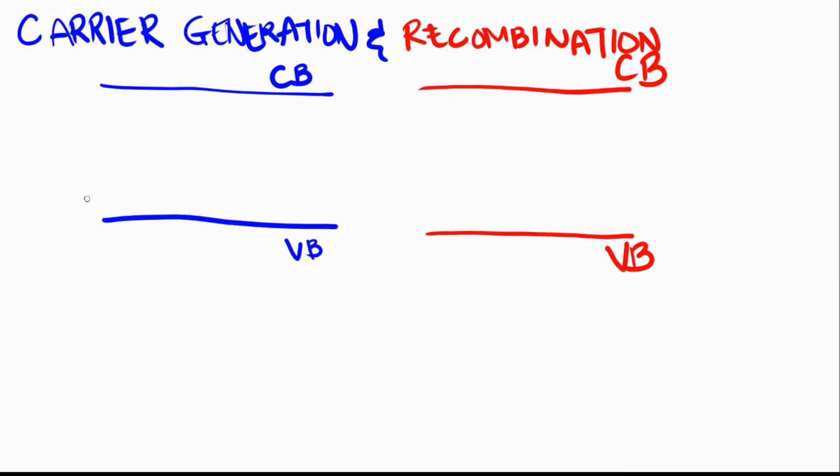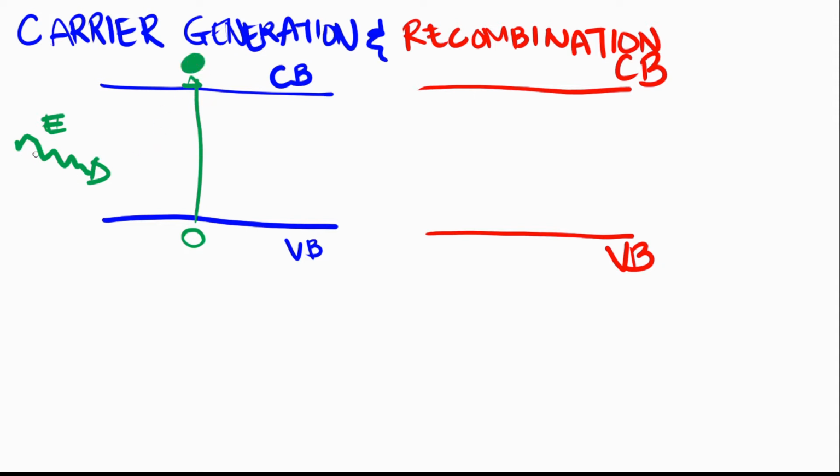For carrier generation, what happens is the semiconductor absorbs energy, and this will then promote or create excess charge carriers in our semiconductor. Take for example, we absorb this energy here. This is E. Upon the absorption of this energy, we can promote an electron from the valence band onto our conduction band.